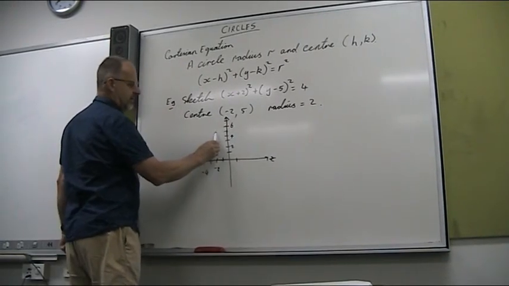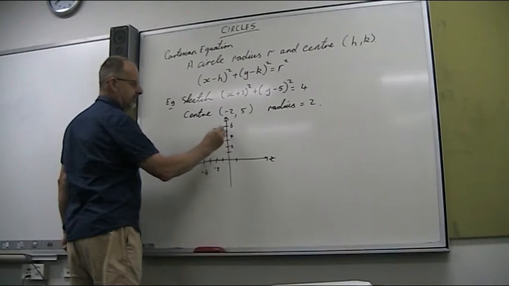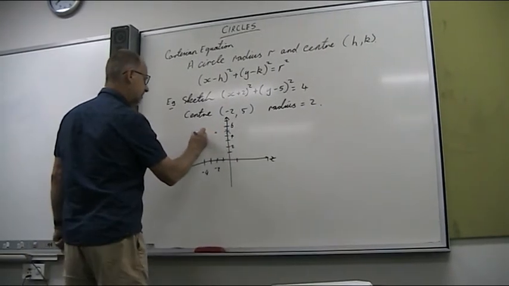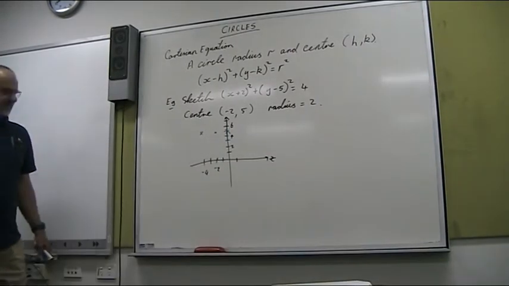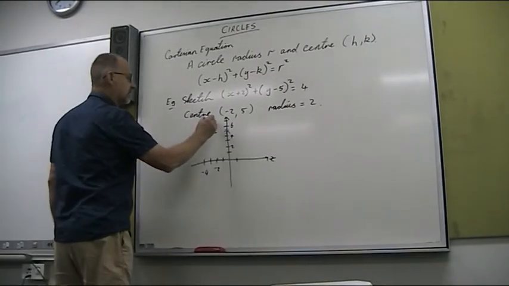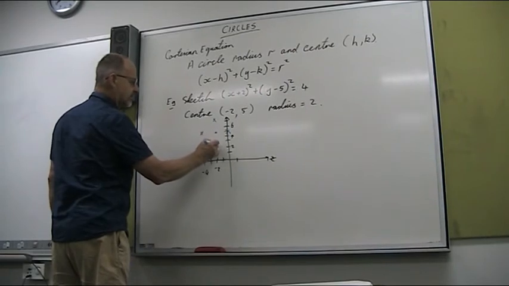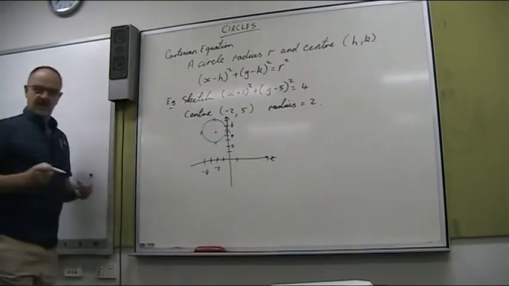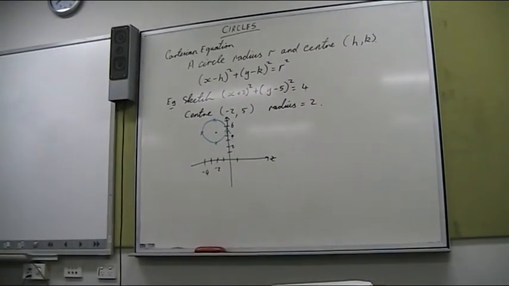If we go to the right 1, 2, the point would be there. We go to the left 1, 2, goes through that point. If we go up 1, 2, goes through there. And if we go down 1, 2, goes through there. And then we can join it up, and there's a nice circle.